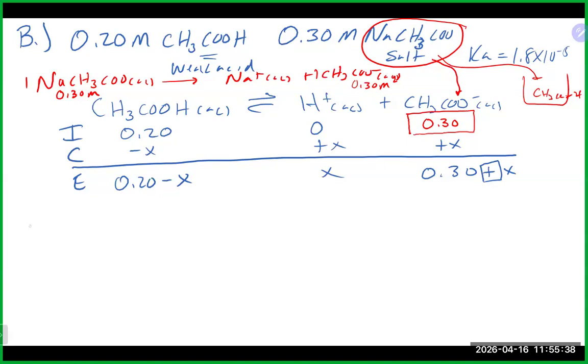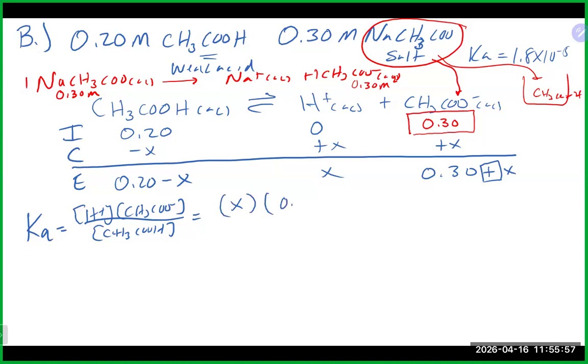All right, so just like we did on the last one, we're going to go into our Ka expression, which is the same expression: H plus times acetate, divided by our acetic acid. So that's going to get us x times 0.3 plus x, divided by 0.2 minus x, equals 1.8 times 10 to the minus 5.